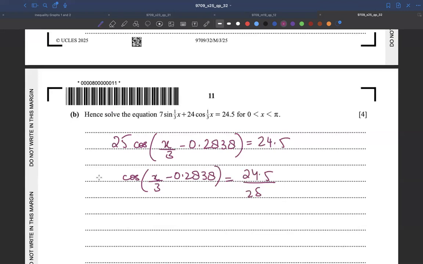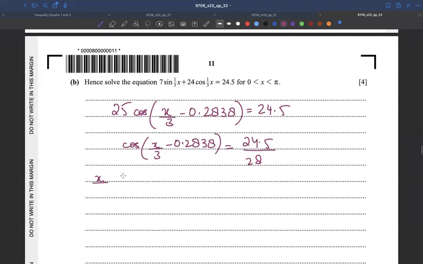and then x upon 3 minus 0.2838 would be equal to, so this is not 28, this has to be 25. So that would be cos inverse of 24.5 divided by 25. Now substituting this into our calculator, shift cos inverse of 24.5 divided by 25. So that would be equal to 0.200.